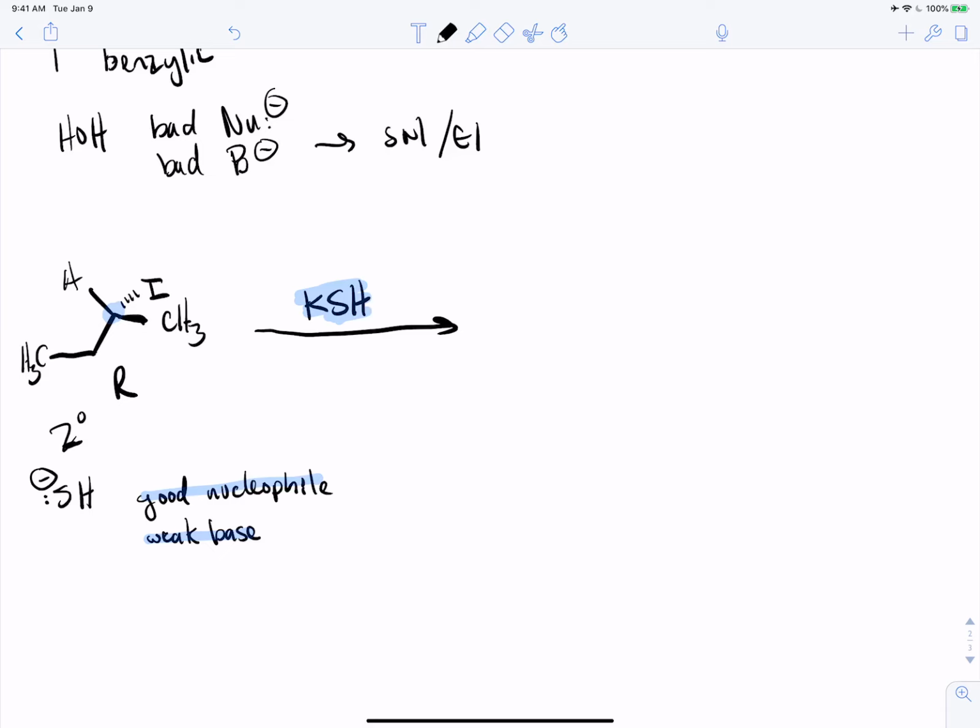We subject it to this nucleophile, and what do we get out of it? We know that we're going to get inversion of the stereochemistry. There's a lot of different ways you could do that.